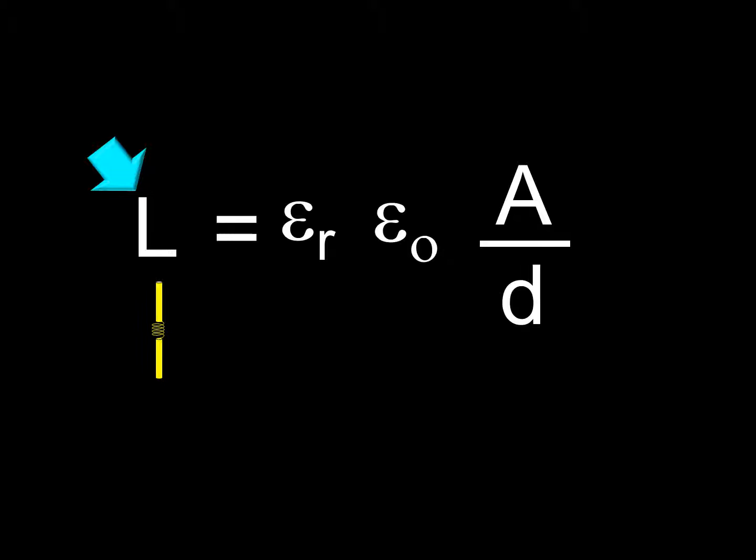The L stands for inductance. The ER representing in the capacitance formula electrical permeability value of a given substance, I will substitute by the Greek letter M to indicate magnetic permeability value of a given substance.